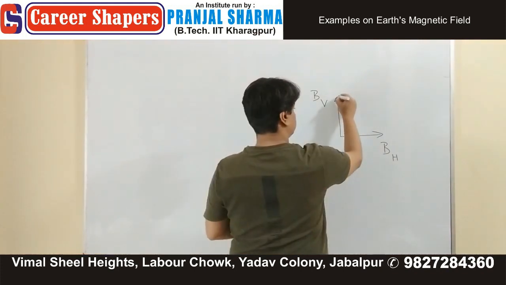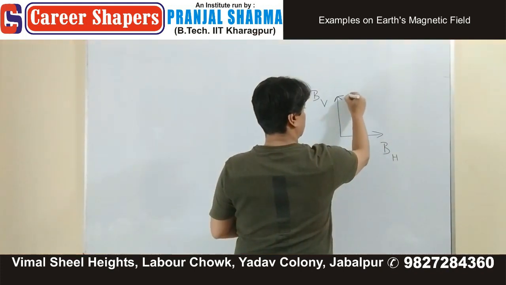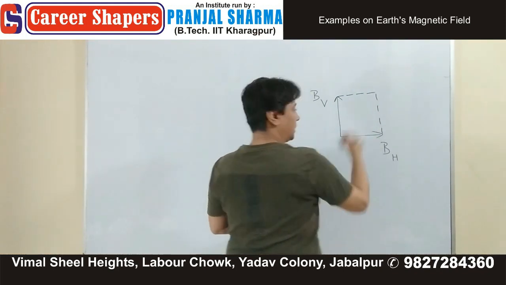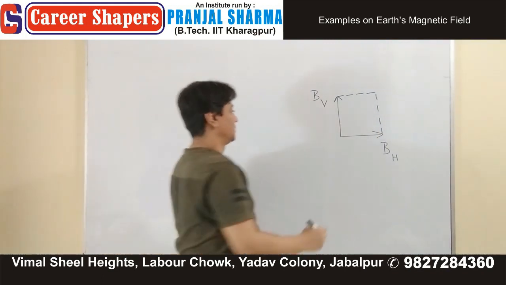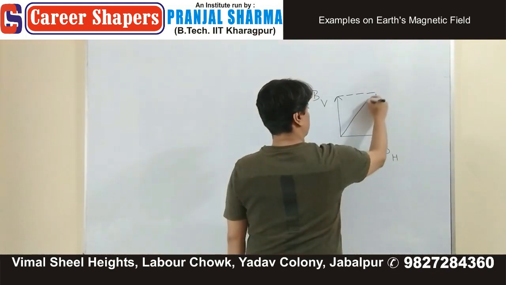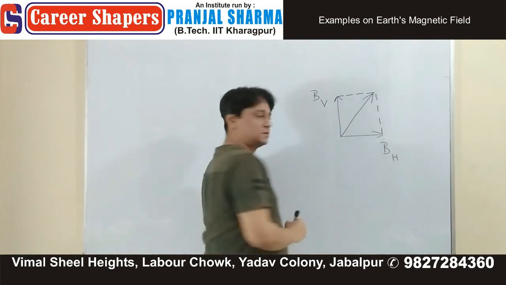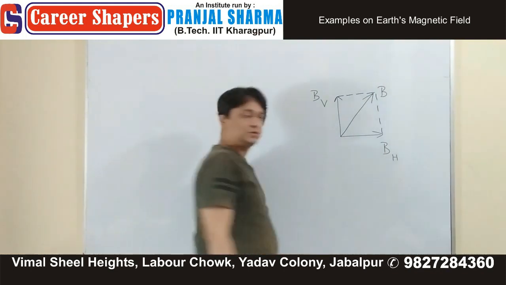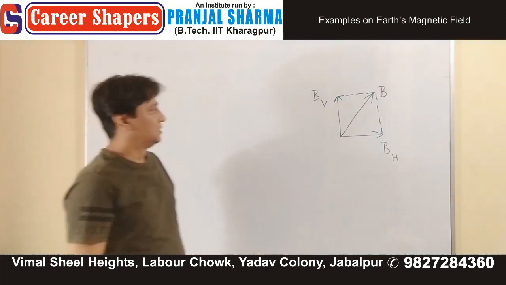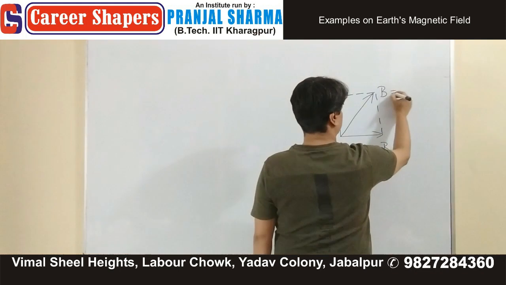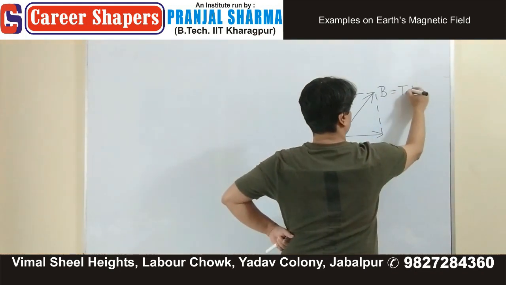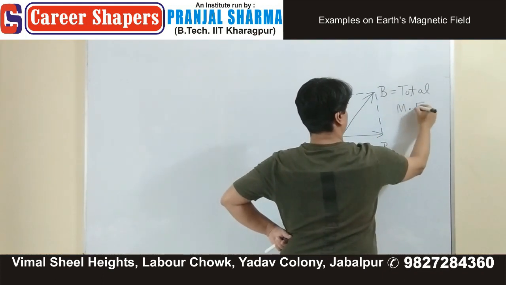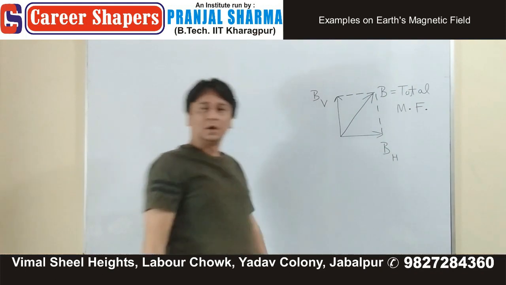Then complete a rectangle, join this, it will give you B, which is the total magnetic field.